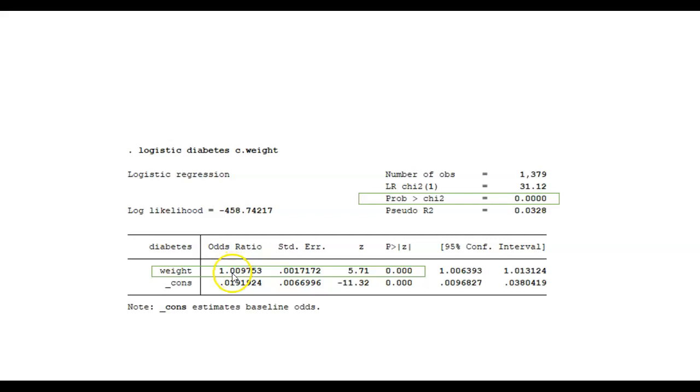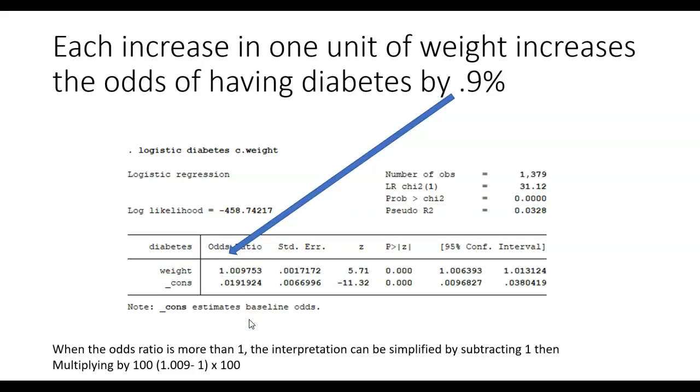So all that this means is that for every 1 unit increase in weight, there is about a 0.97% increase in probability of having diabetes. So each increase in 1 unit of weight increases the odds of having diabetes by 0.9%. That's how we want to write this down.